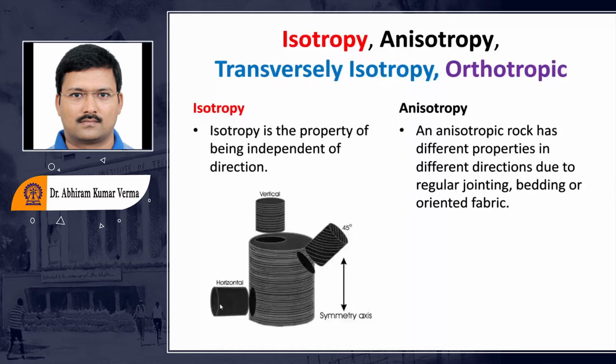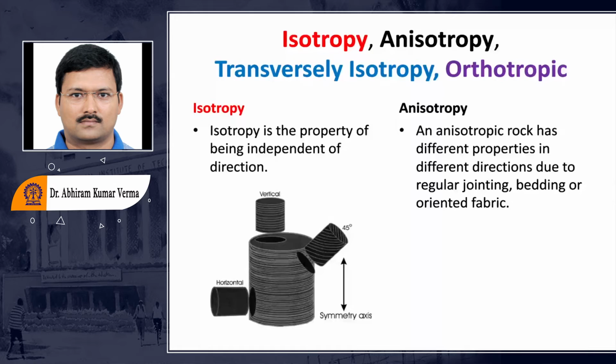If I test them and find that all these properties are the same, it means the material is isotropic. If it is different, then it is anisotropic, meaning the properties in all the directions are different. And why is it going to be different?